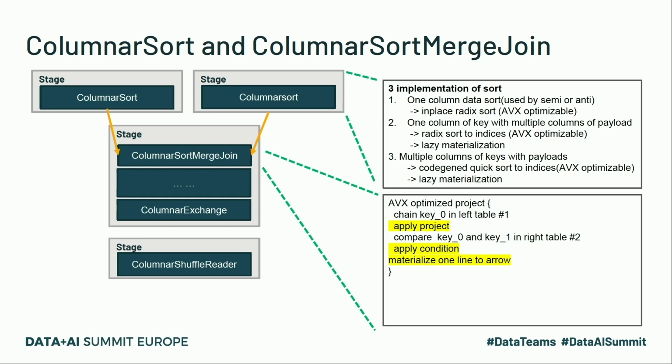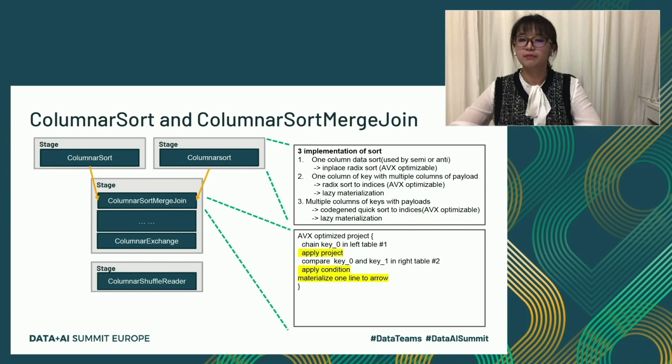The first type is for data with only one key field and without any payloads. This type of sort is mostly seen before semi-join, anti-join, and existence join. For this type of data, we will use in-place radix sort, so the sort will be AVX optimized.